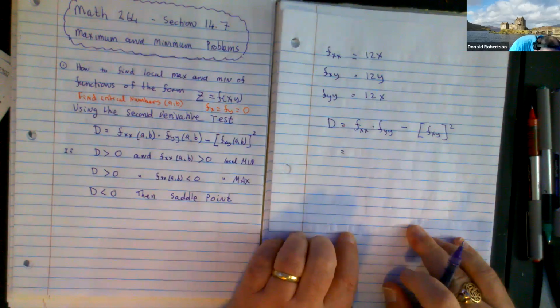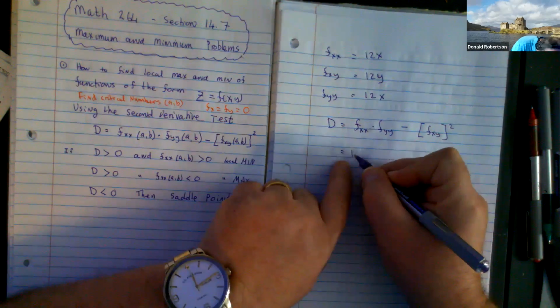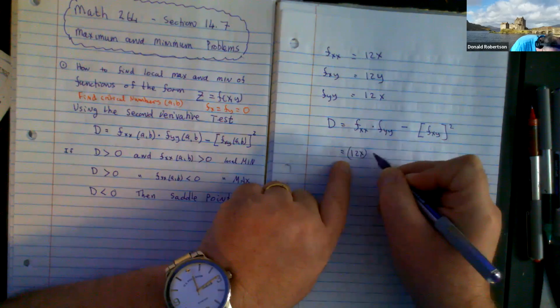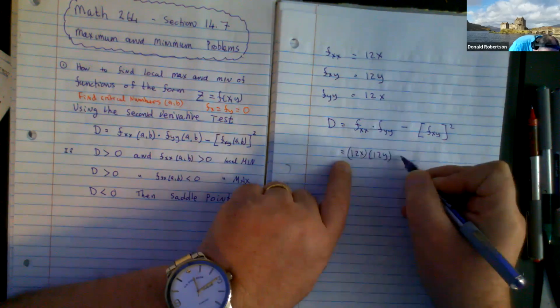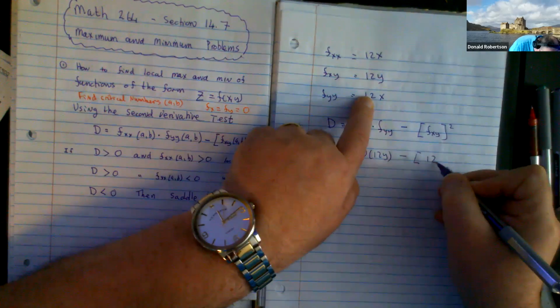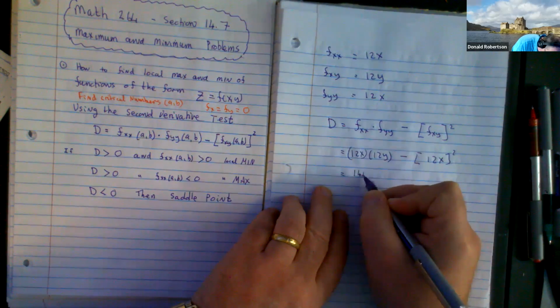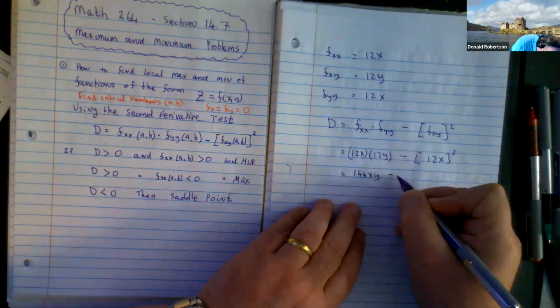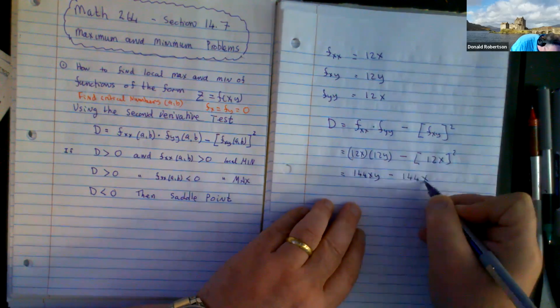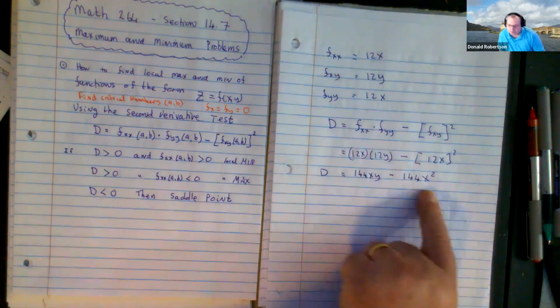So what have I got? I've got 12x here. I've got 12y here, and I've got take away that squared. So I've got 144xy, take away 144x squared. Are we comfortable that that's right?